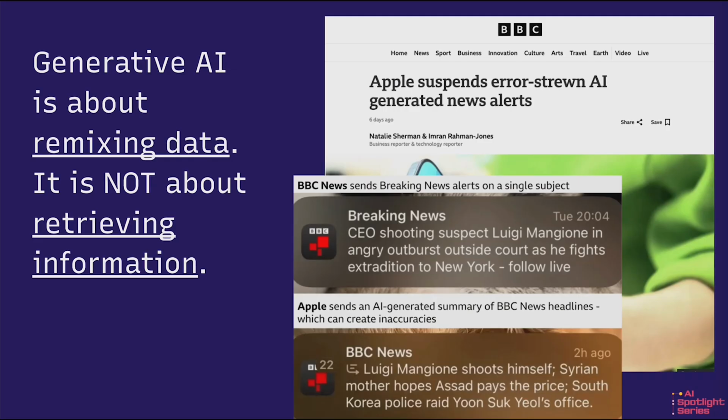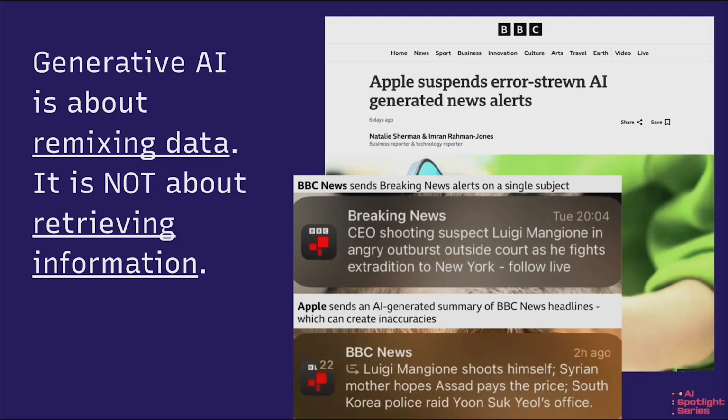So this is the term that refers to when chatbots or other generative AI systems produce things that are incorrect. And what I say on this slide, generative AI ultimately is about remixing data, but it is not about retrieving information. And this has been one thing that companies have really confused with their messaging by trying to push generative AI systems as a new generation of search or a new fact-finding tool, a new research tool.